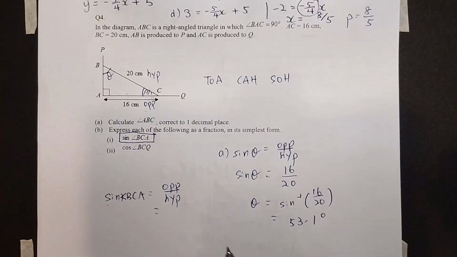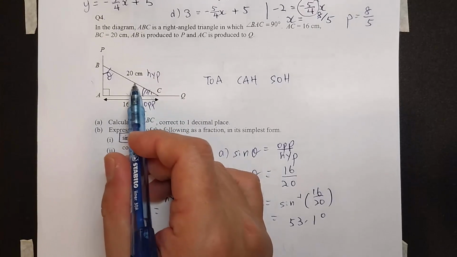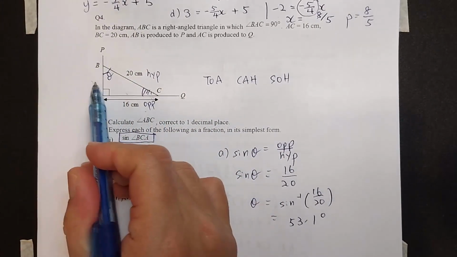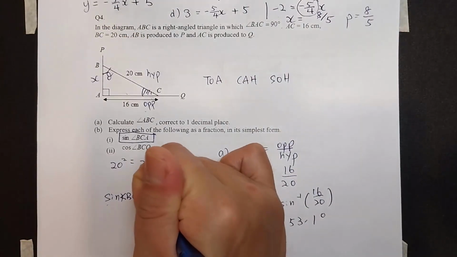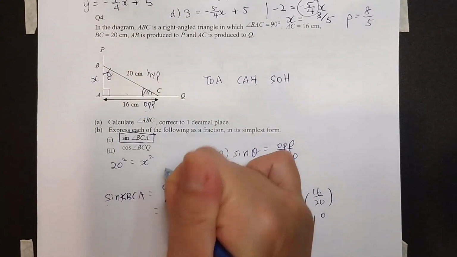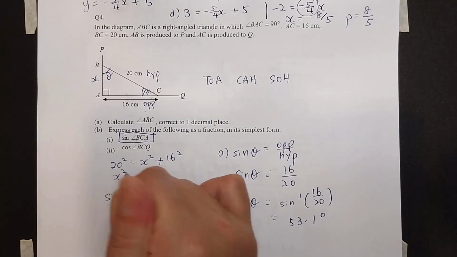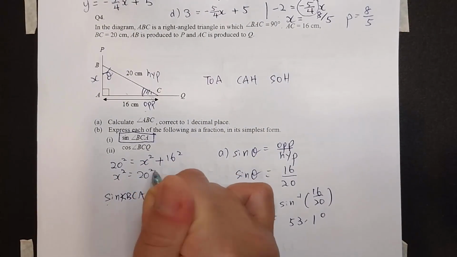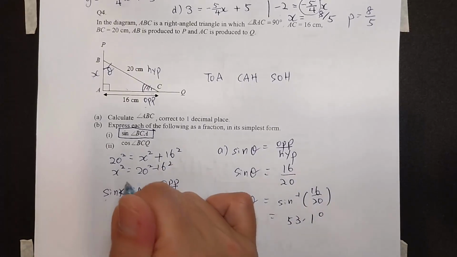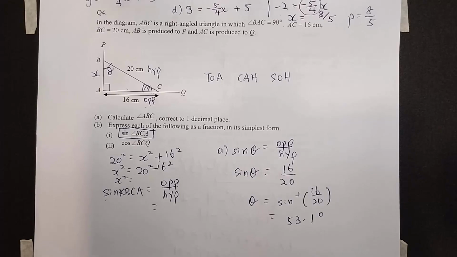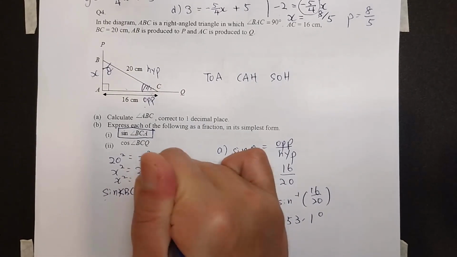In order to find the opposite, we have to use Pythagoras theorem. 20 squared equals the opposite, let's call this x squared, plus 16 squared. So x squared will be equal to 20 squared minus 16 squared. That will give us 144.